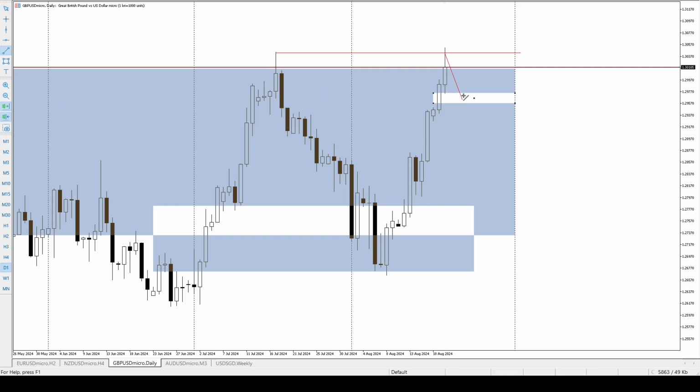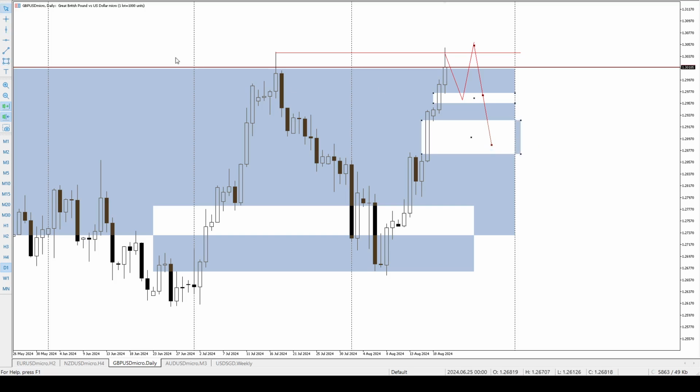This reaction, if strong, we might see it reach for this Tuesday's high, and then purge that high, and then trade back into this inefficiency here, which is very visible here. So there are two scenarios there.